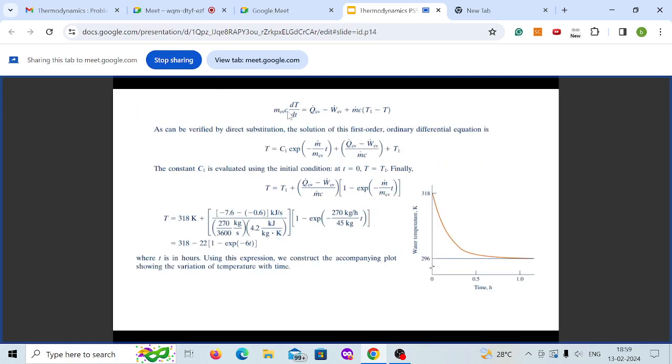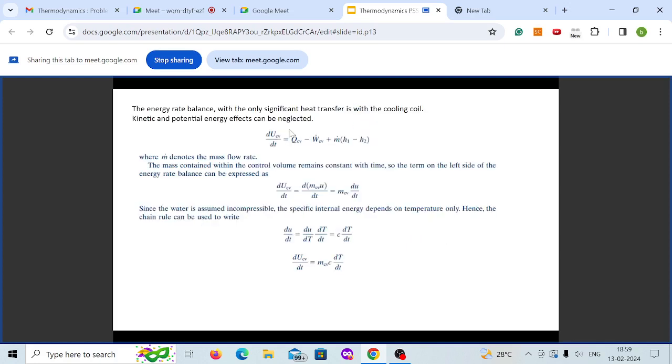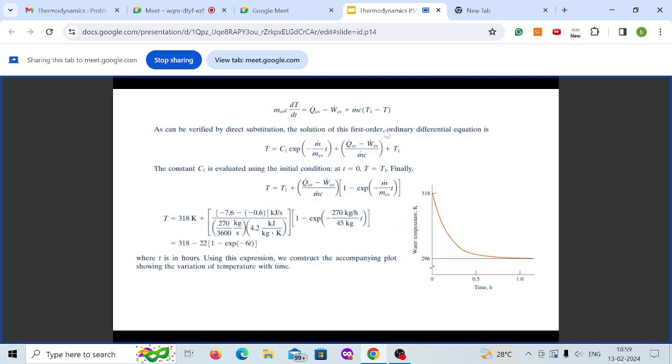So we substitute that in the energy equation, and we know that H is nothing but C into T, giving m dot into C into (T1 minus T). T1 is the temperature at which the fluid is coming in at state 1. This T is the temperature of the water in the tank which is going out, so that will vary with respect to time.